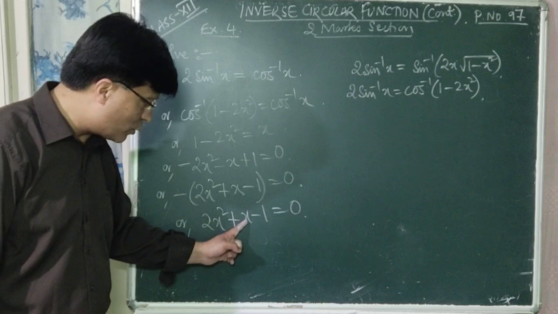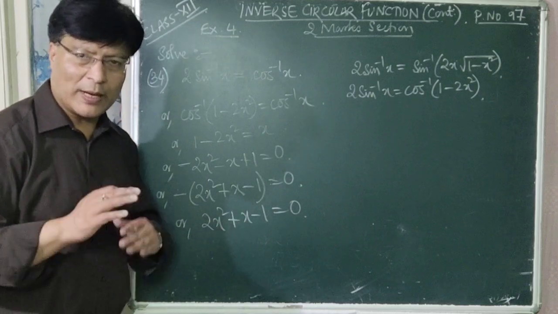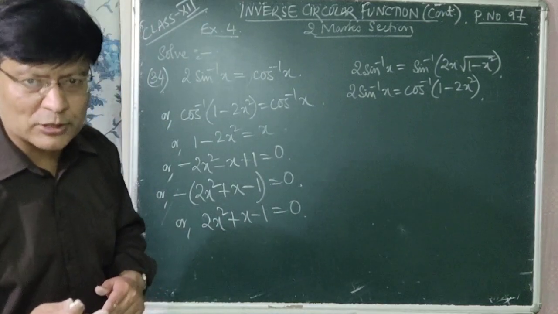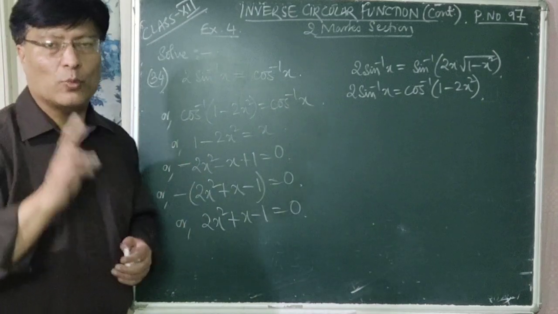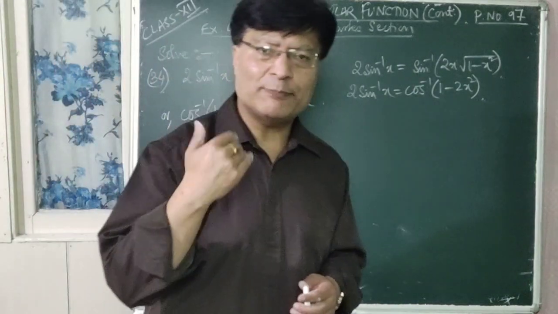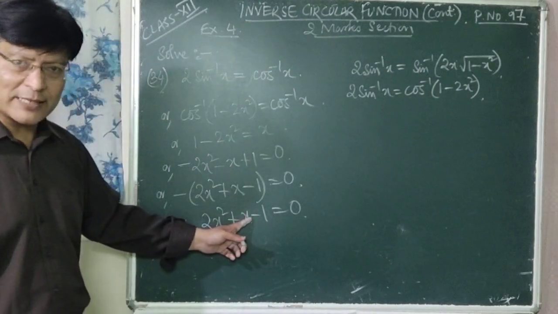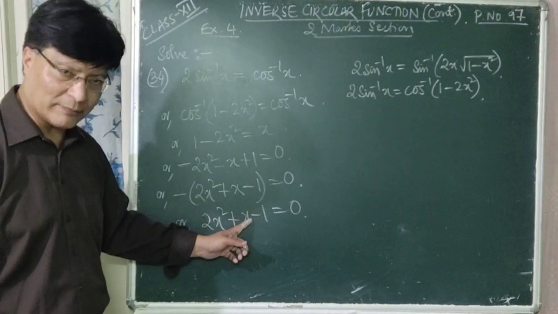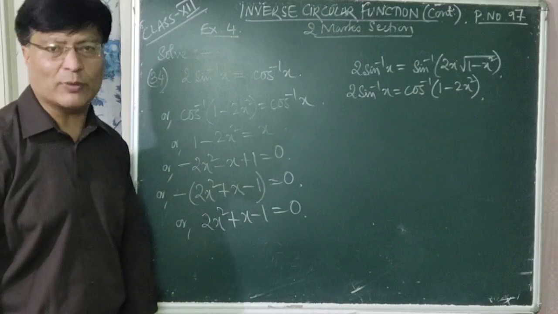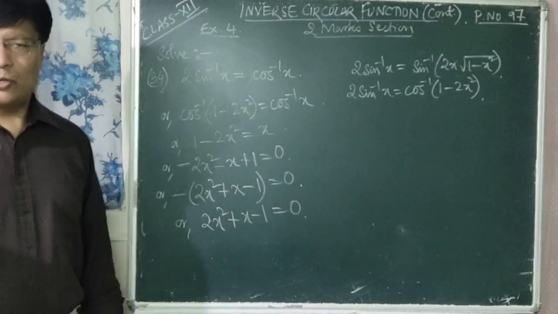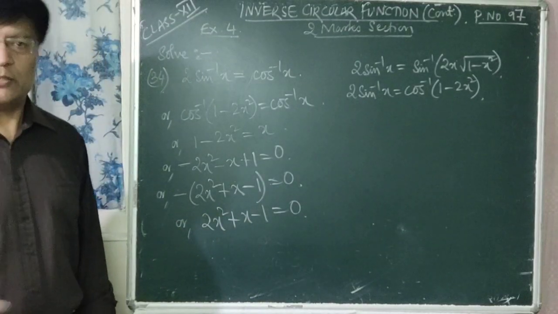That is, what is the coefficient of x here? 1. So after subtracting those two numbers, you should get 1. What are those two numbers? 2 ones are 2, 2 minus 1 is 1.